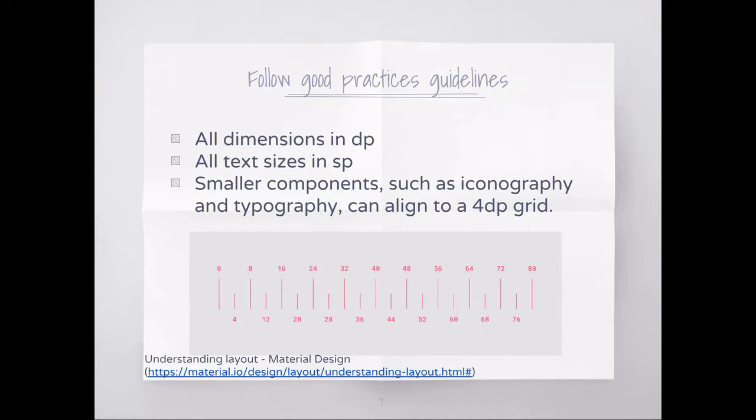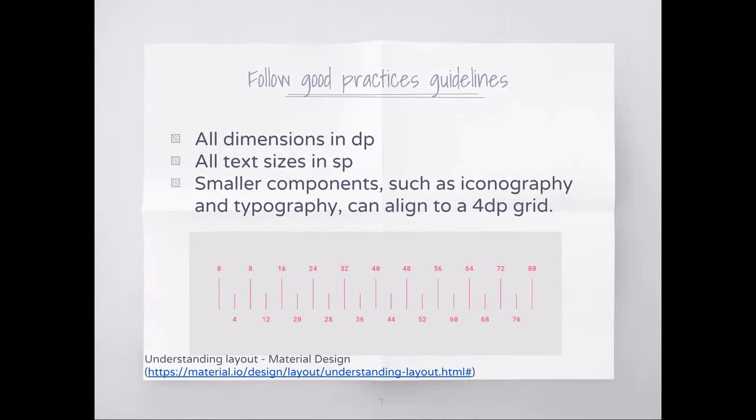There is a very interesting resource in Material Design, and it's highly recommended to always define dimensions in dp. All text sizes must be in sp. And smaller components like icons or typography can be aligned in increments of 4 dp.